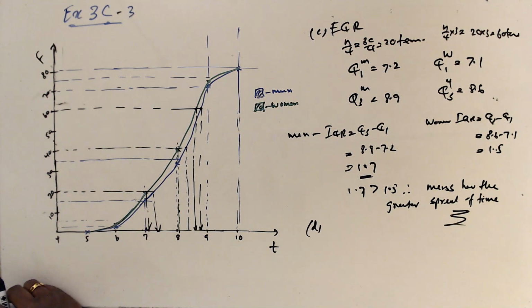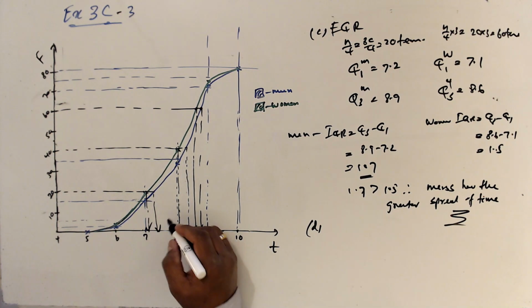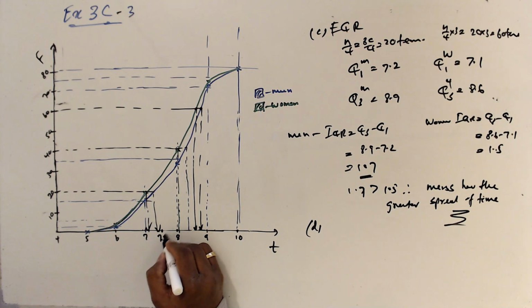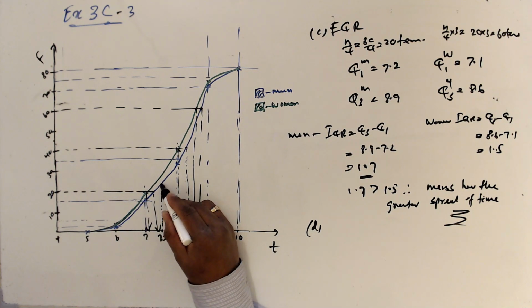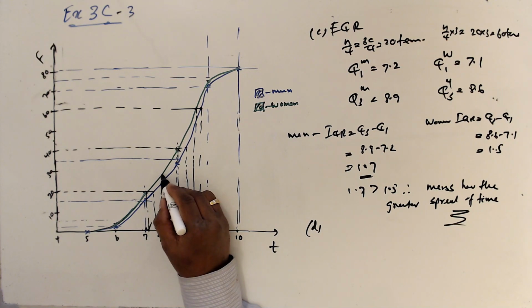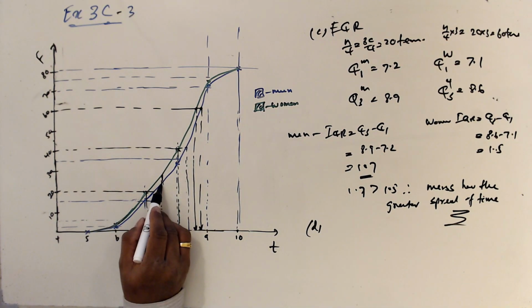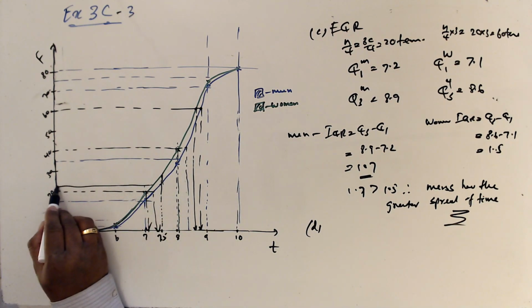Part D, the qualifying time for the next round of the national competition is 7.4 minutes. Estimate the number of men and women. So now 7.5 in the middle. So we want to go now like this. Then one is going from here.